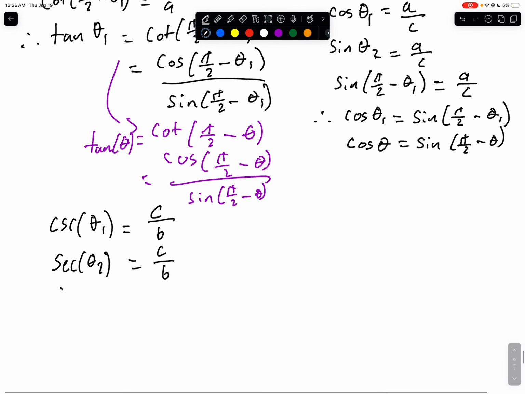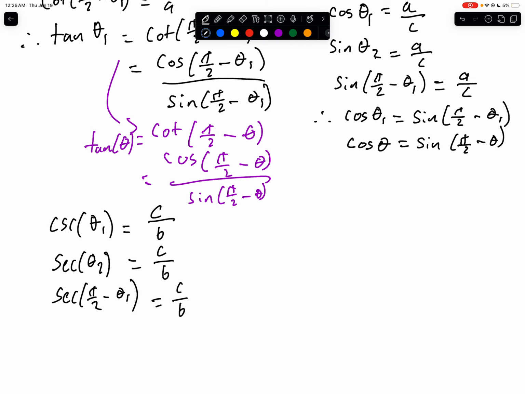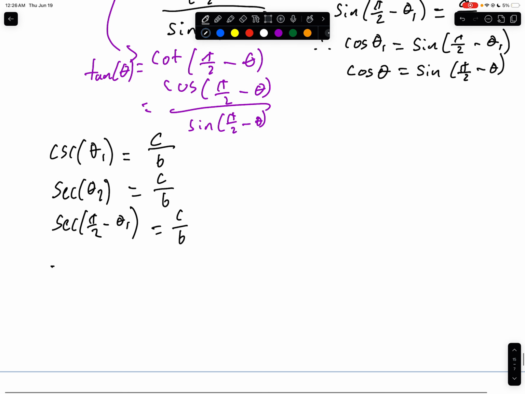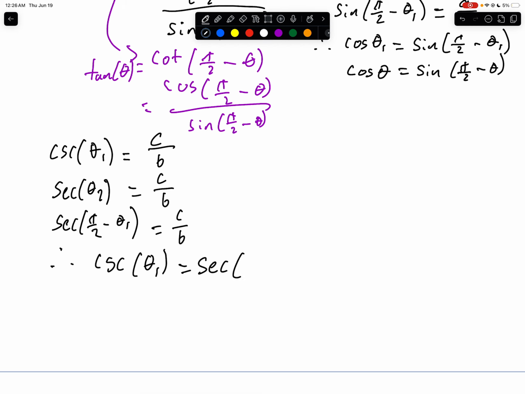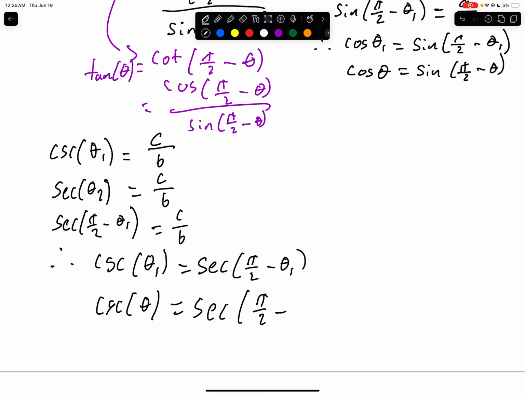So then secant of pi over 2 minus theta 1 is also C over B. So we can say that, therefore, cosecant of theta 1 is just equal to secant of pi over 2 minus theta 1, and we can generalize this to cosecant of theta equals secant of pi over 2 minus theta.